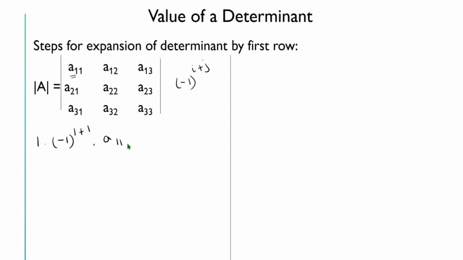So we take minus 1 raised to row plus column into the element, and then we eliminate the row and the column from which we have taken the element. We have taken A11 from the first row, first column, so we ignore the first row and the first column, and then we find the determinant of the remaining elements.